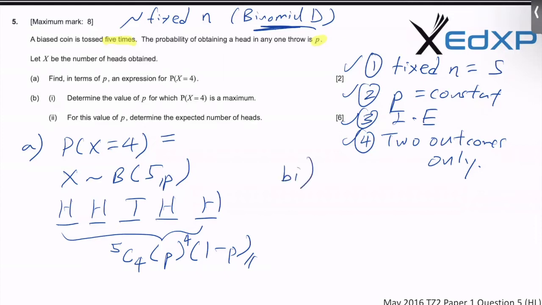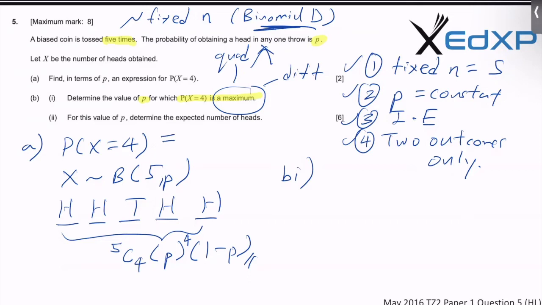Part B. Determine the value of P for which P(X equals 4) is a maximum. When I see maximum, I think of 2 things. Either I do the quadratic method, where I have a sad face, or I do differentiation. Since I don't have a quadratic equation here, I might want to do differentiation. So I want to expand this. 5 choose 4, there'll be 5 ways to do that.